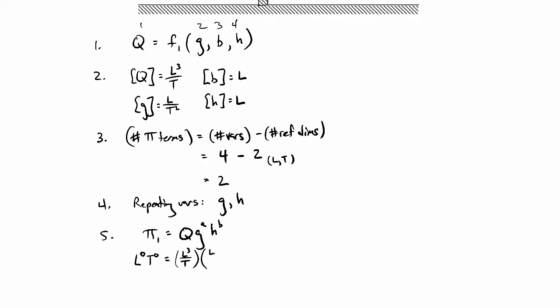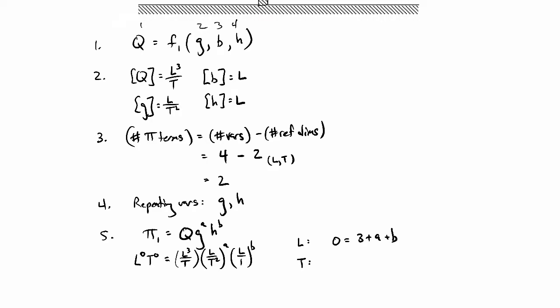G was L over t squared raised to the A, and then H is just L raised to the B. Let's go ahead and look at each dimension separately. The length will have 0 on the left-hand side. That's this 0. On the right-hand side, we have 3 plus A plus B.